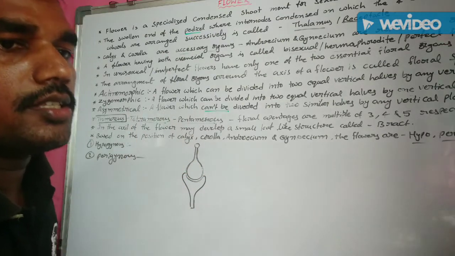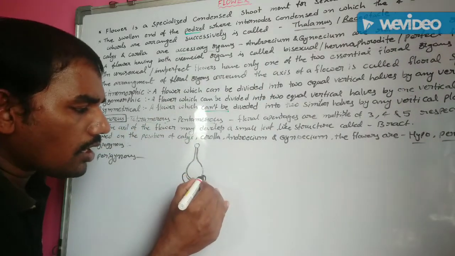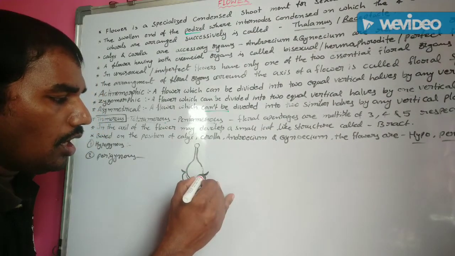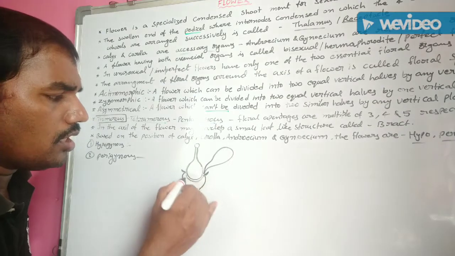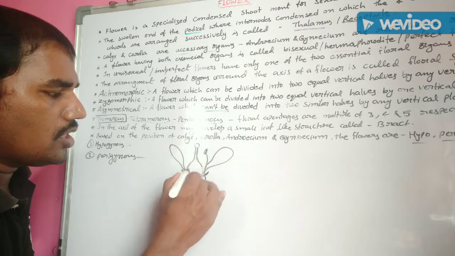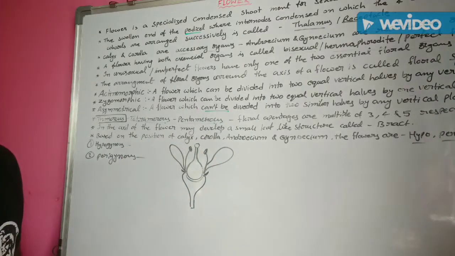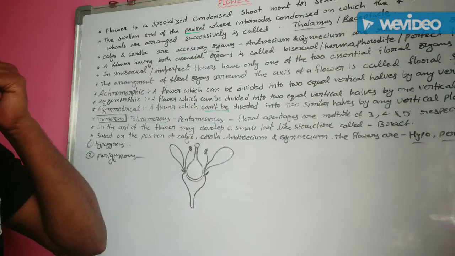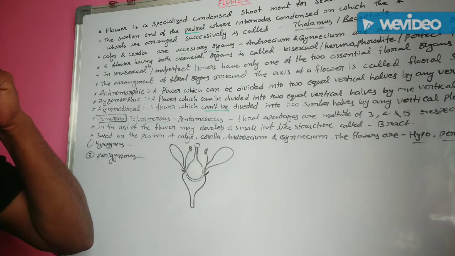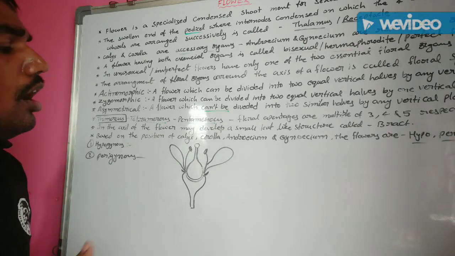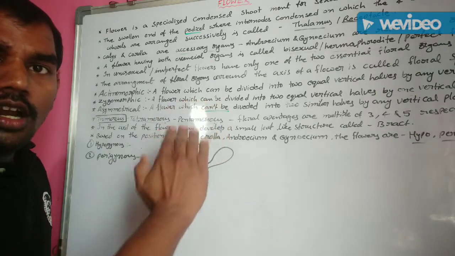That means the calyx is present on the rim, and corolla and androecium are also situated there. This type of flower is known as perigynous flower. In this the ovary is described as superior or inferior.